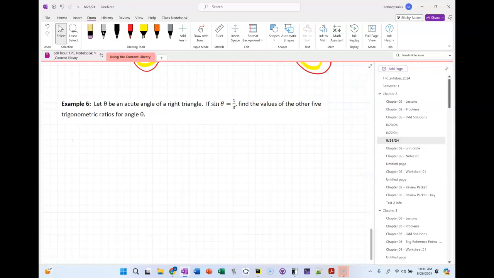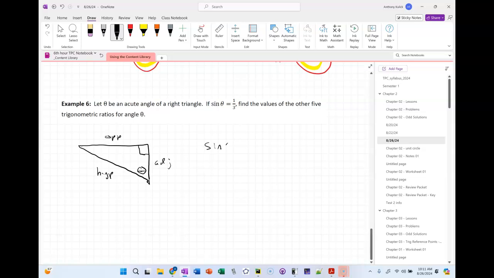I'm going to draw it oriented the same way as before, just so I can really hammer home to you guys that this is the same picture, right? So relative to our angle theta, we said that this side was opposite, this was adjacent, this is hypotenuse.